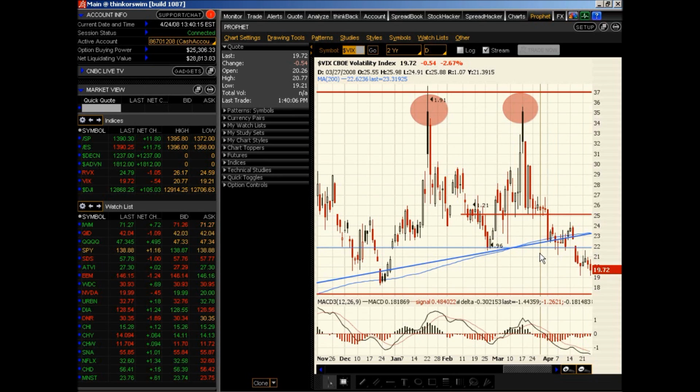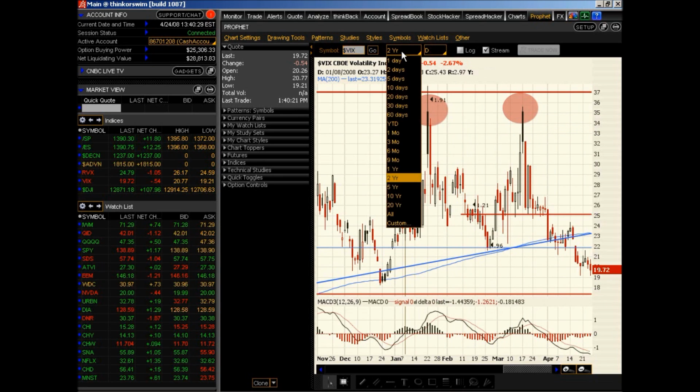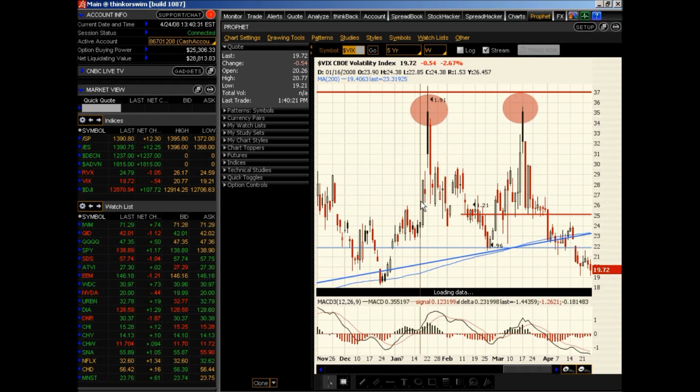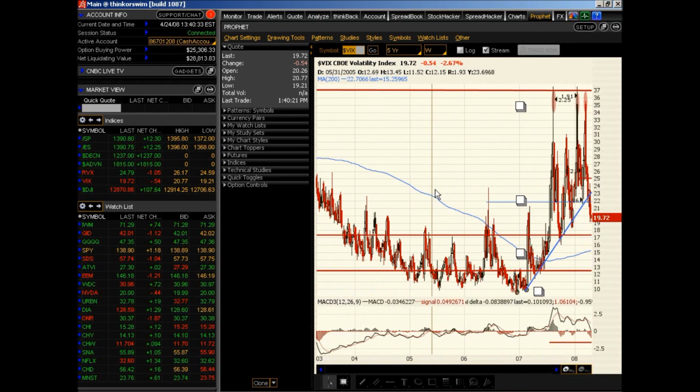So as you see, there's a couple of spikes in this chart where the volatility rose to a level that was slightly unusual for this time period. If we go back many years, you can see that these price levels are probably some of the highest that we've seen in over 5 years. This represents a lot of fear in the market.